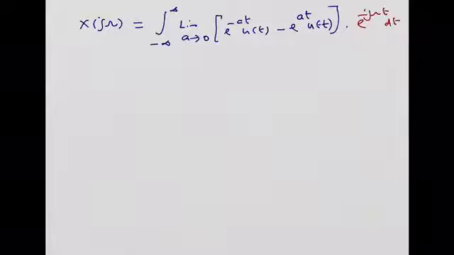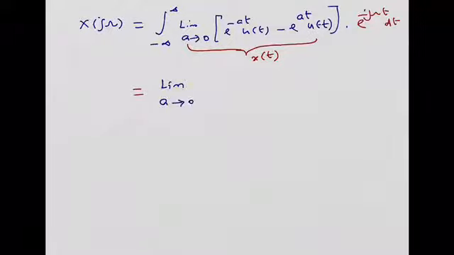So this entire expression is in the place of x of t, e power minus j omega t dt. If this is clear to you, then we shall proceed with the next step of rearrangement of this integration into two parts.